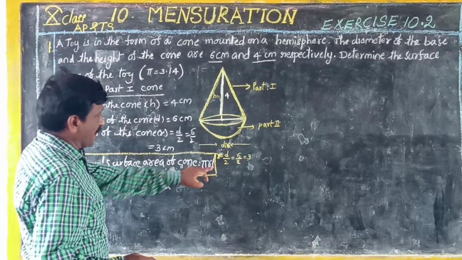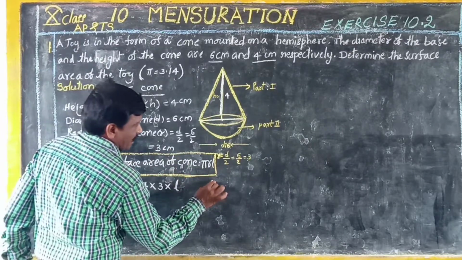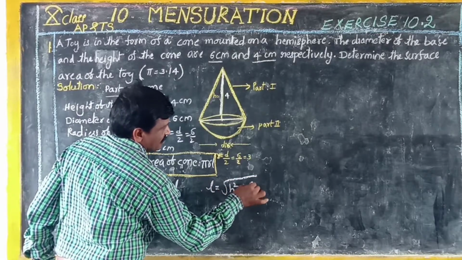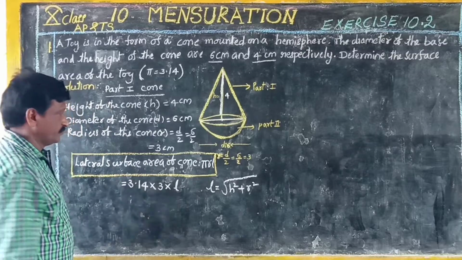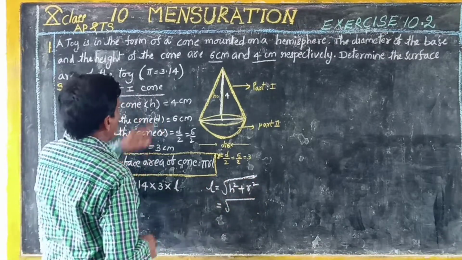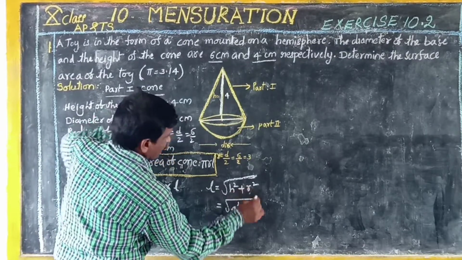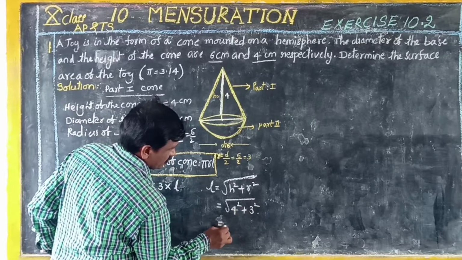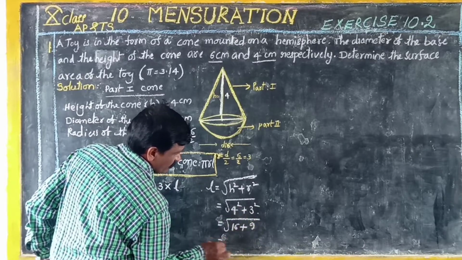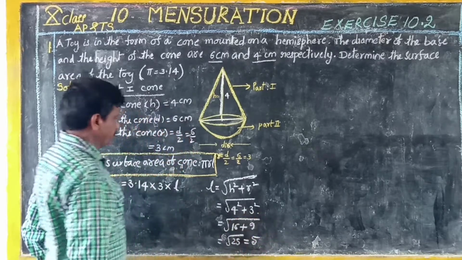So we will find L also. L is equal to root of h square plus r square, root of height 4 square plus r square 3 square, root 16 plus 9, root of 25 is equal to 5.